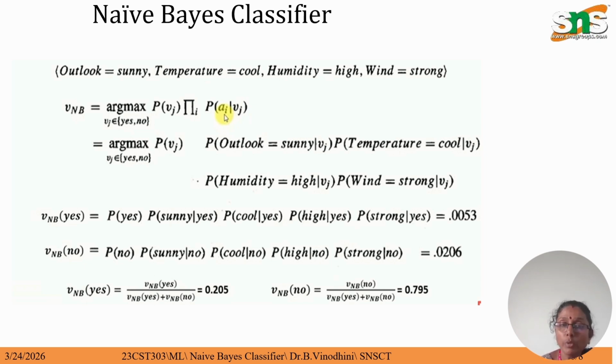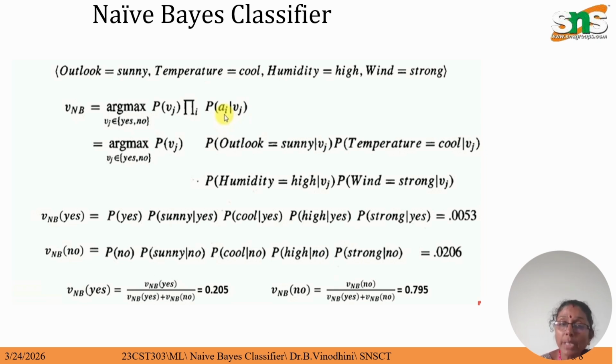First, we calculate the probability of yes for sunny, cool, high, and strong, based on the previous tables. The probability of yes is 0.0053. This is the probability of yes for the given input.